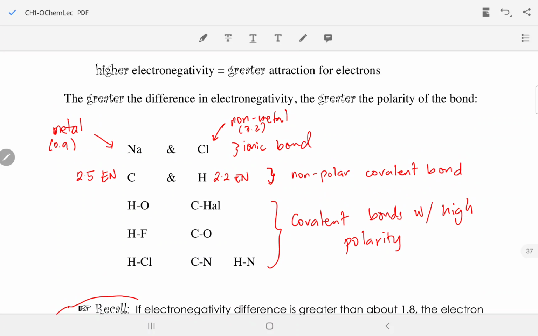So for sodium and chlorine, a metal and a non-metal, it is an ionic bond. Just compute for the electronegativity difference. Okay, so for C and H, the difference is quite low, only 0.3. It is therefore a non-polar covalent bond. And for the rest of these compounds, they are covalent bonds with high polarity.